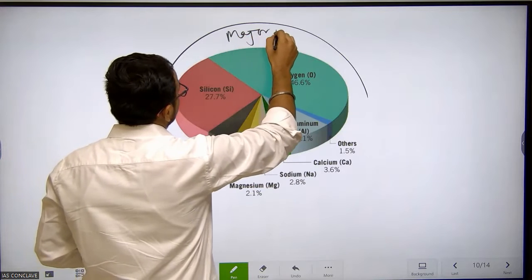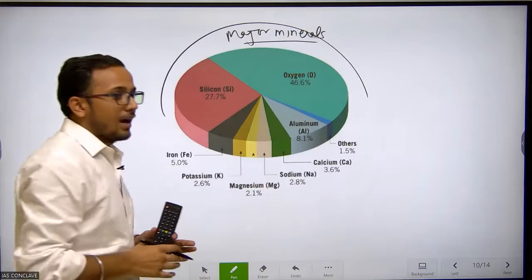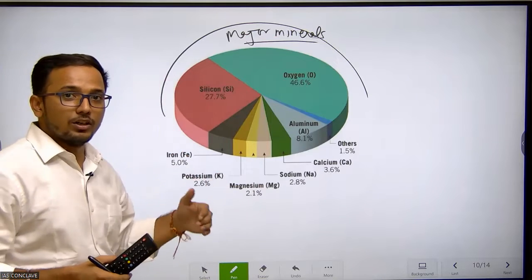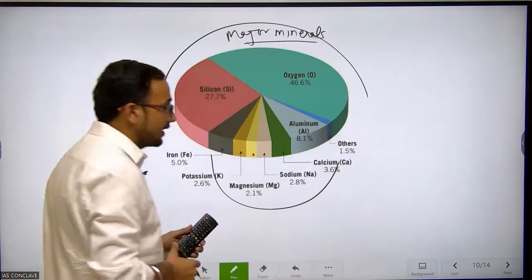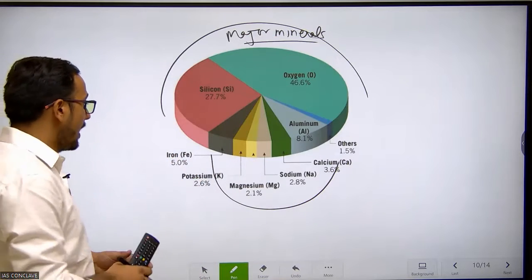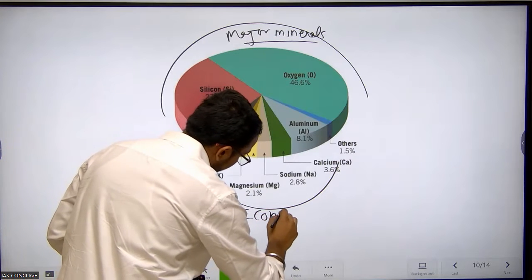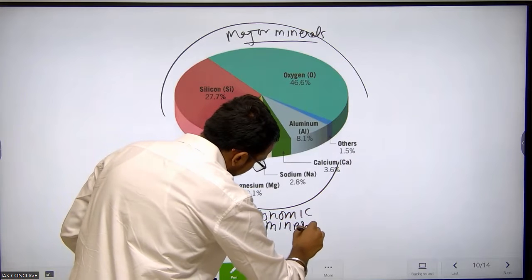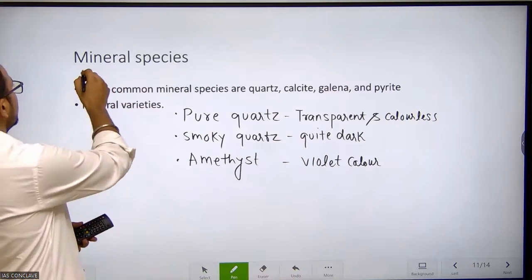So these are major minerals, but they don't have much economic value because they don't have manufacturing or industrial applications. And these are the minor minerals, but on the other hand, they have economic and industrial value, and that's why they are classified as economic minerals.